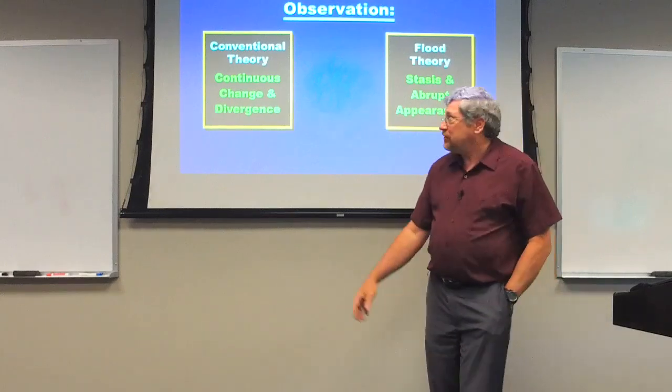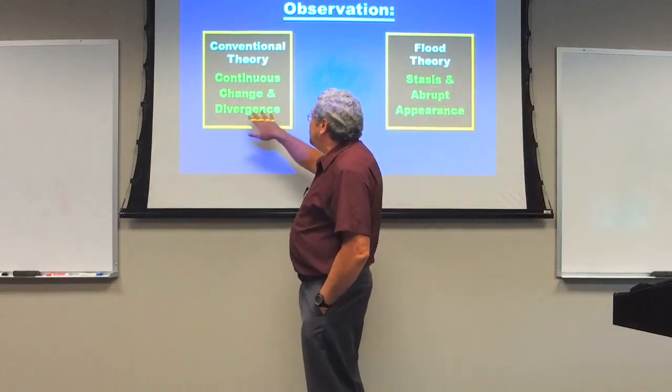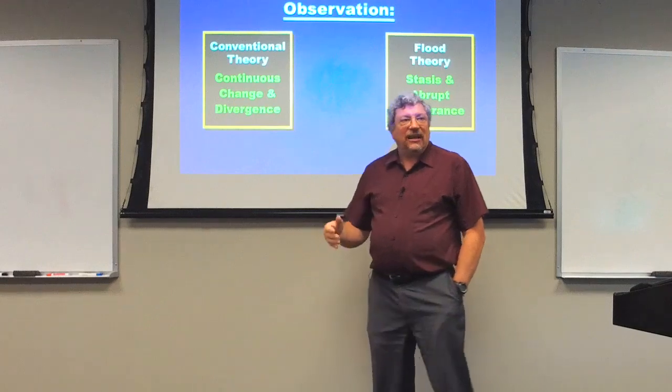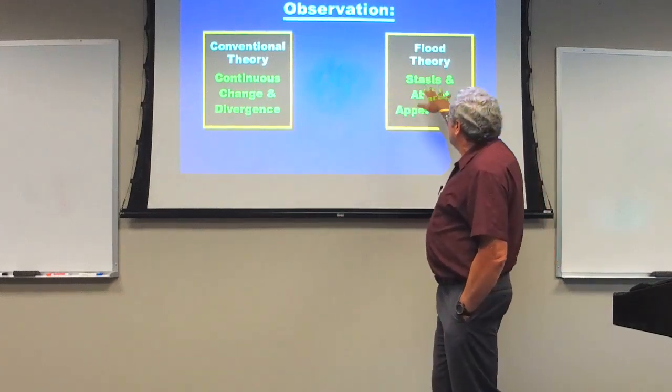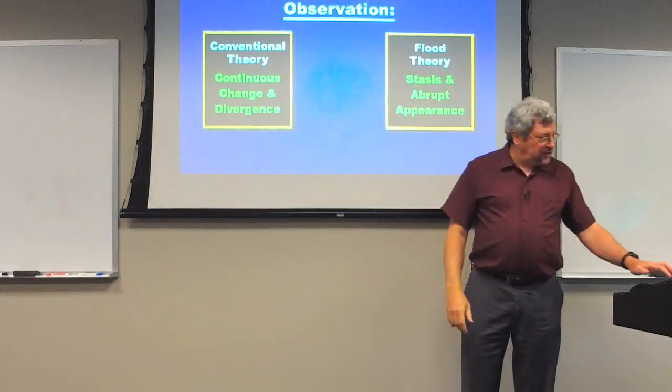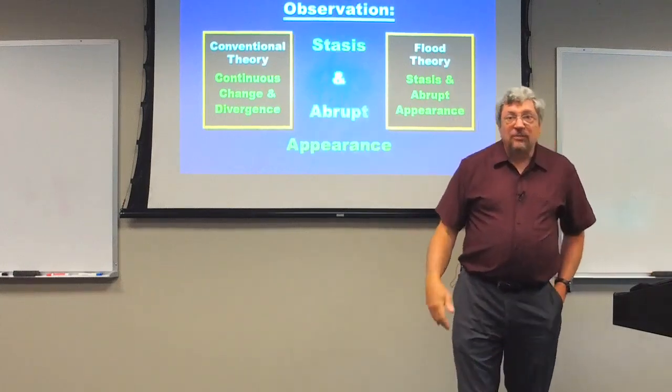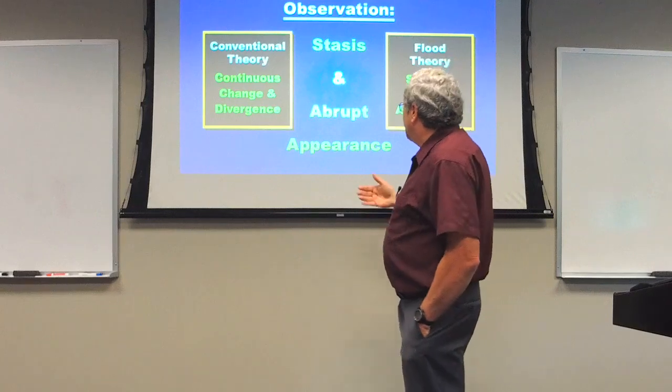So whereas in evolutionary theory you would expect continuous change and divergence of taxa, you would expect stasis and abrupt appearance in creation theory, and what you actually observe is stasis and abrupt appearance.